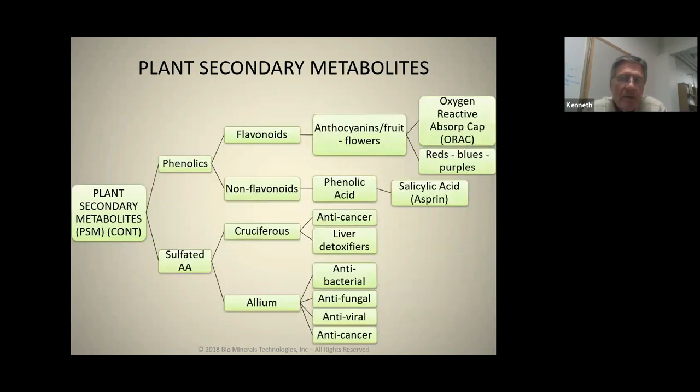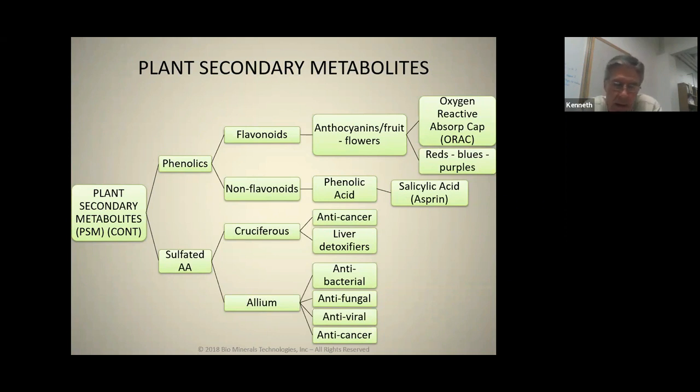Right, now we're going to go into some phenols. These are flavonoids and non-flavonoids. And in the non-flavonoid side, if any of you guys have taken salicylic acid, that is aspirin. Plants produce this. In the flavonoid side, there's a group of wonderful compounds called oxygen radical absorbance capacity. This is your ORAC capacity, which is how you absorb and get rid of free radical damage, okay?